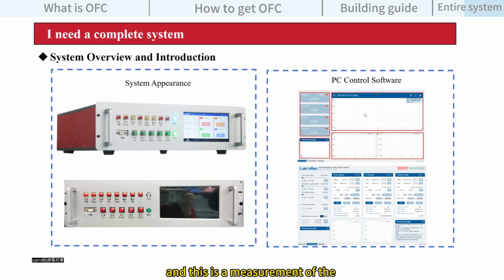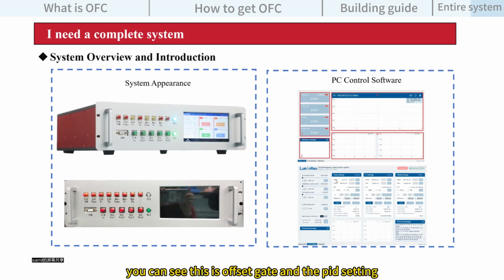And this is a measurement of the frequency. You can measure the repetition frequency, measure the FCO frequency, and measure the beat frequency, and this is a monitor of the several voltages. And this is some detail of the servo control system.